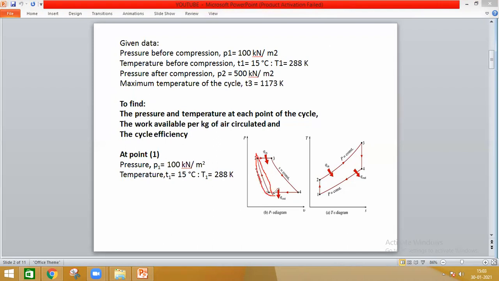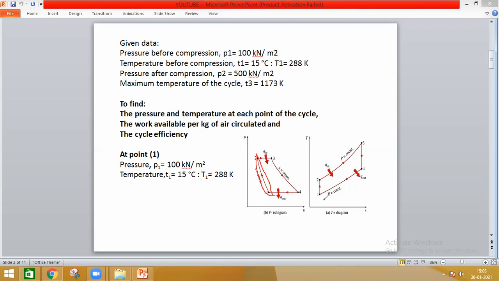Air is going to be compressed here isentropically. 1 to 2 is isentropic compression, and 2 to 3 is constant pressure heat addition. Then 3 to 4 is isentropic expansion, and 4 to 1 is constant pressure heat rejection.